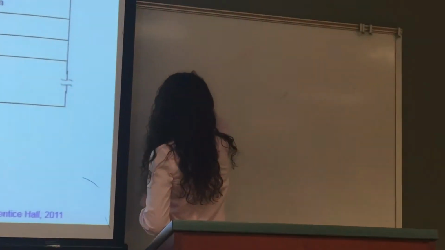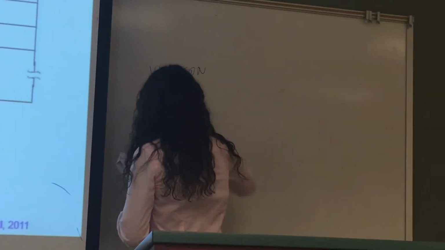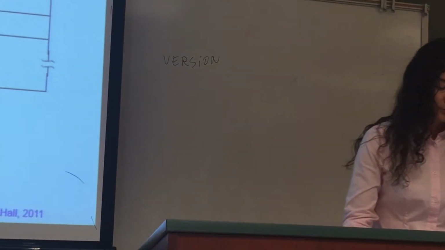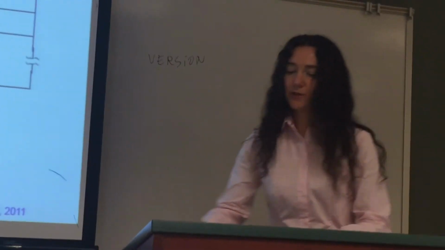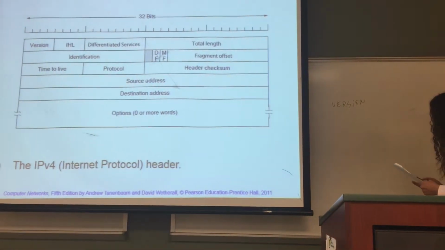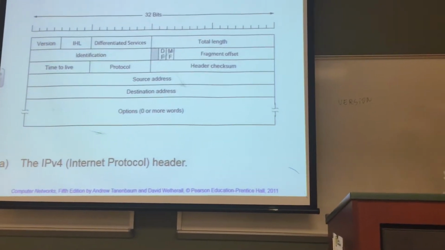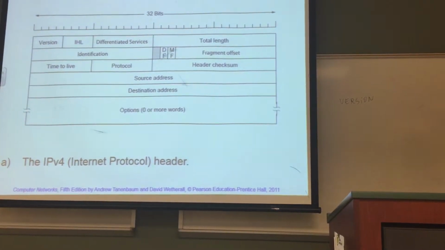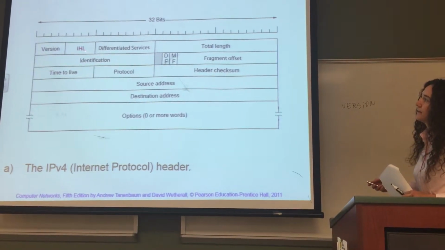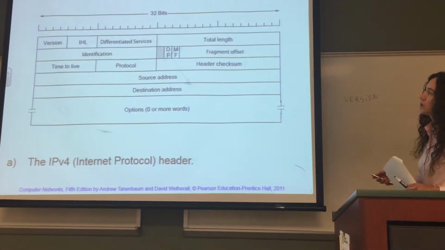So we have version, the next field that we have is header length, IHL.